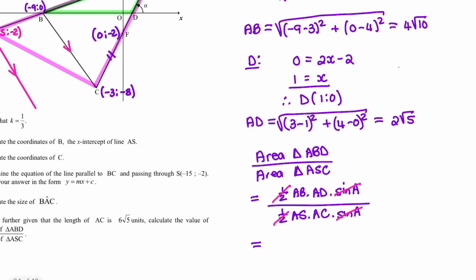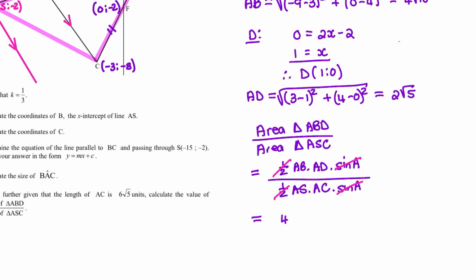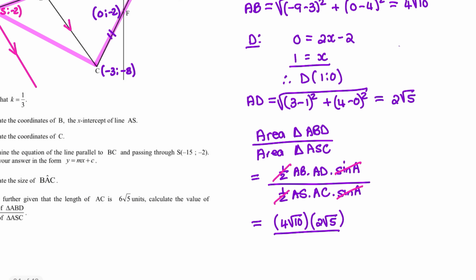So AB was 4 root 10 times AD, which is 2 root 5, over the length of AS, which was 6 root 10, times the length of AC, which was 6 root 5.